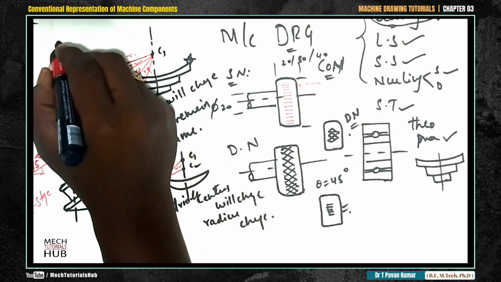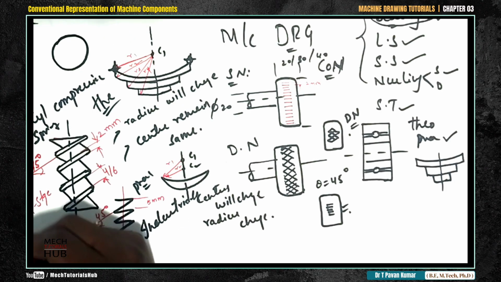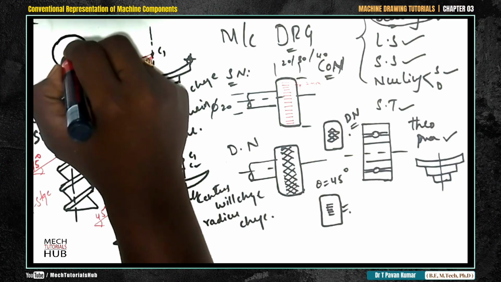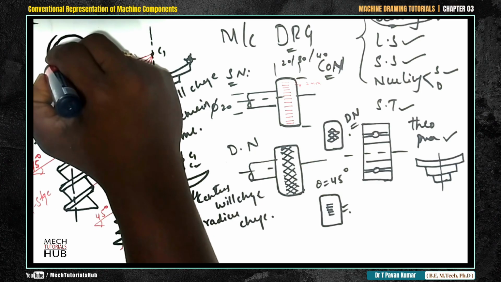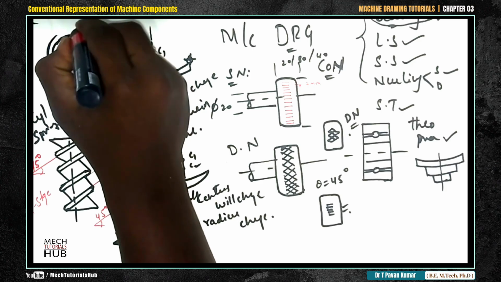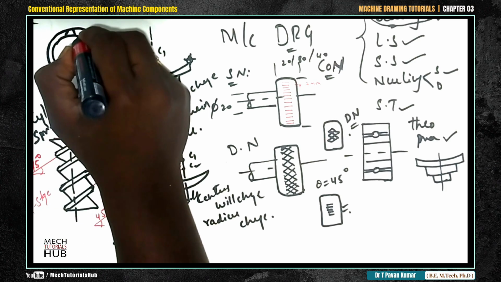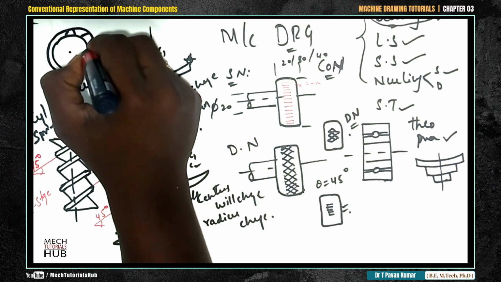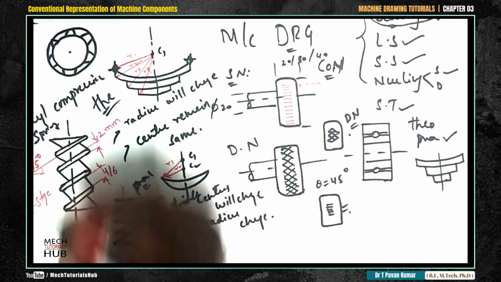I'll make a note. Now draw a 2H circle, complete circle. Okay, followed by one more concentric circle with an offset distance of some 2 or 4 mm. It all depends on your space availability. Then draw this knurling with some gap with the help of a small scale, not the drafter, small scale. Draw these specifications.